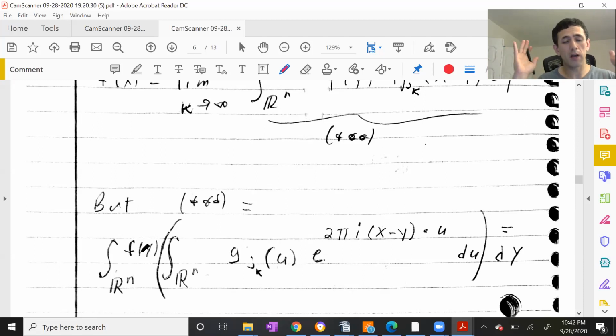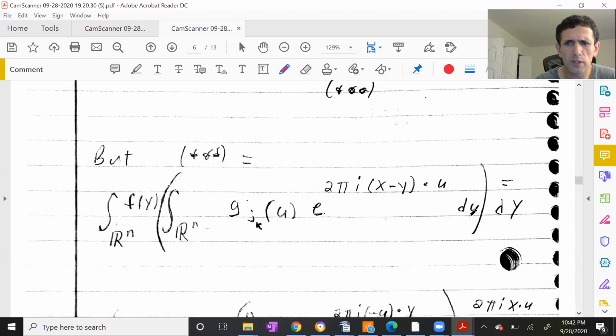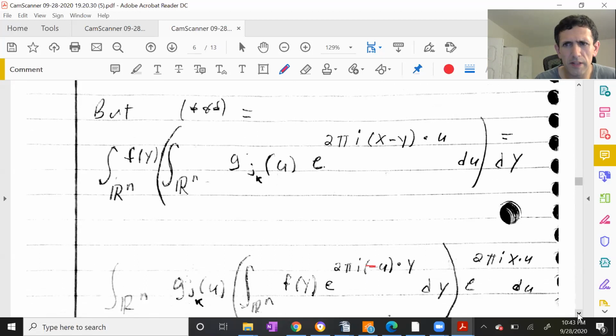We can use Fubini's theorem. So I'm going to break this up into e to the 2 pi i x dot u right here, and e to the 2 pi i minus y dot u, which is minus u dot y. This is a minus here. Now I do the y integration first.